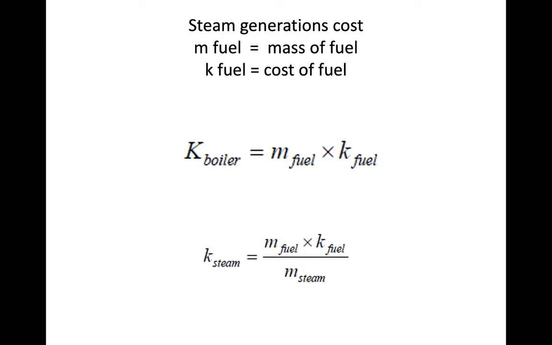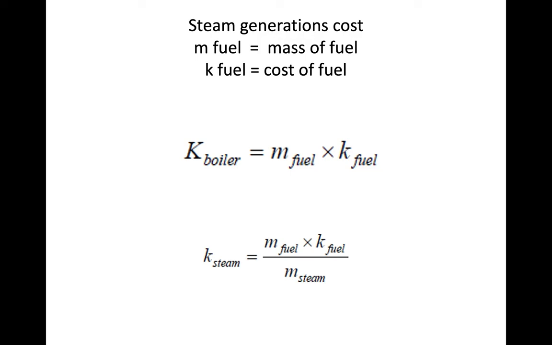So we need a measurement to measure the mass of fuel. Also, we have to measure the mass of steam. And then we have a problem if there is no steam flow rate available in the system.